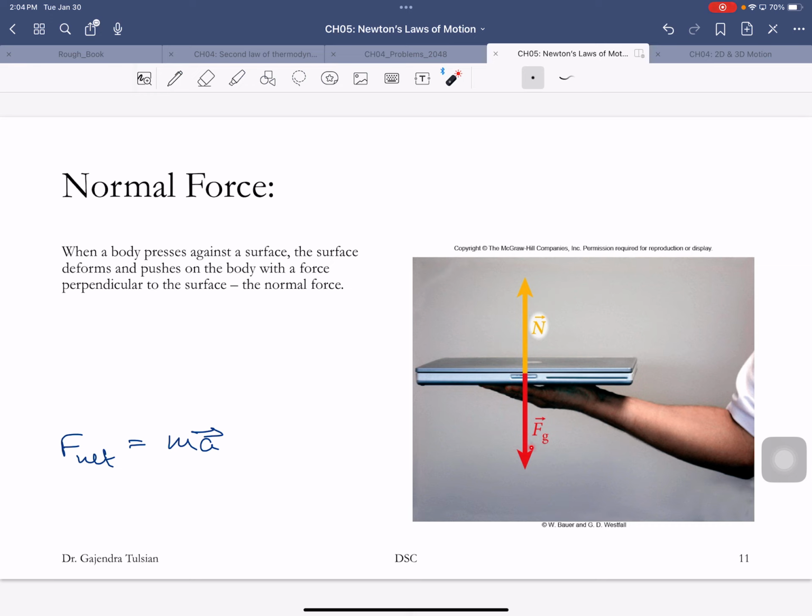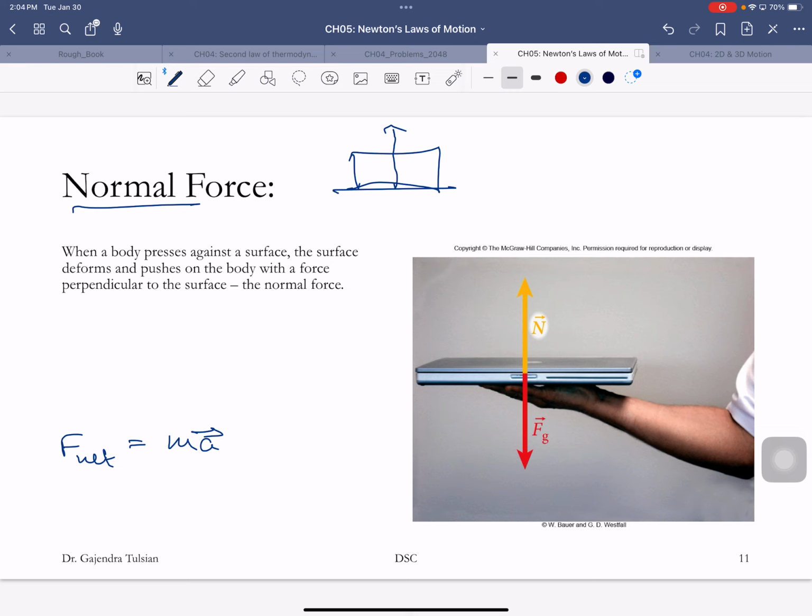Well, this force is acting, so there must be an equal and opposite force acting on this guy in that direction. Well, what is exerting this force? The hand is exerting that force. It turns out that when two surfaces are in contact, they exert a force perpendicular to each other, and that's why it's called a normal force.